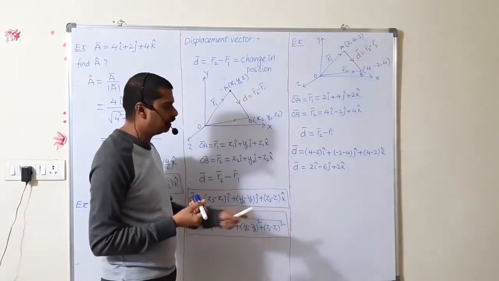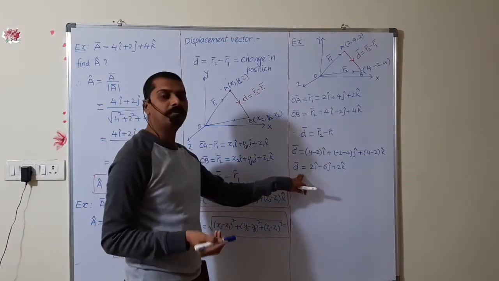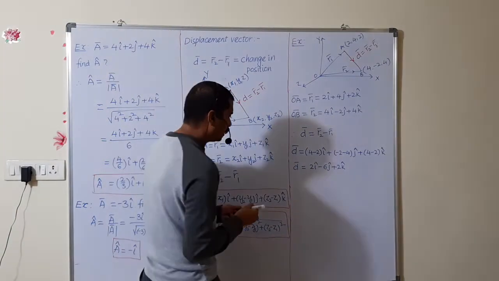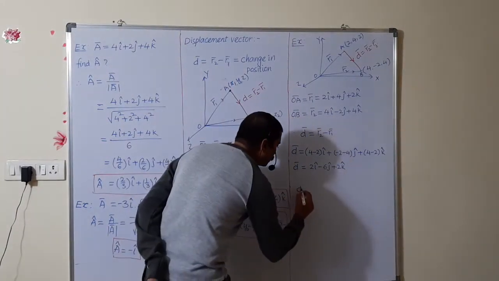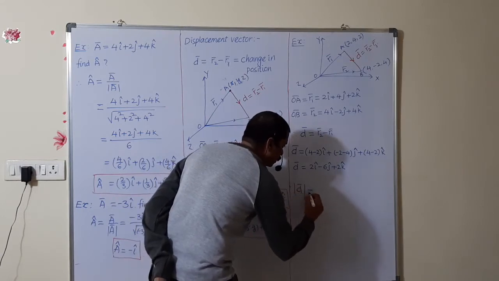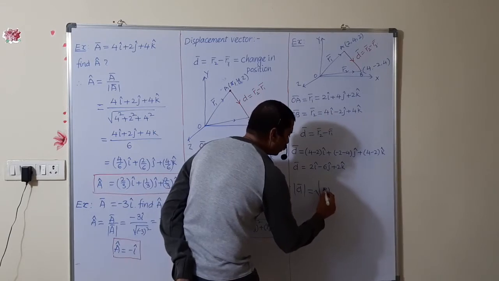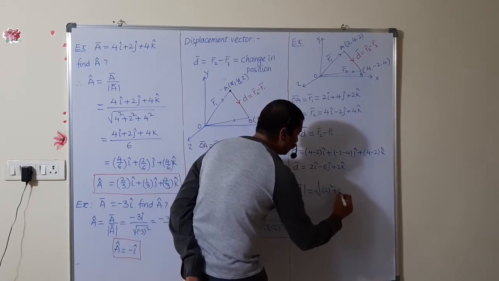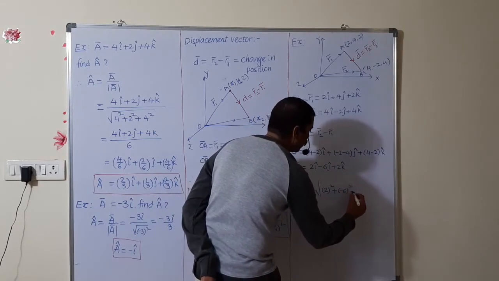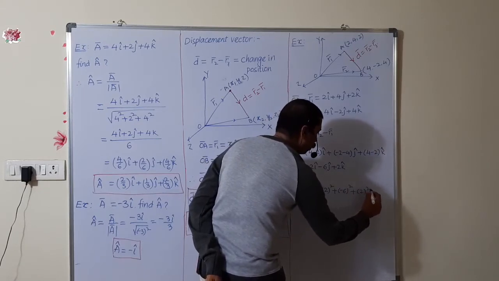We got a displacement vector, but I want to calculate the magnitude of the displacement. The magnitude of the displacement, mod of d vector, is equal to under root of x square, means 2 square, plus minus 6 whole square plus 2 whole square.